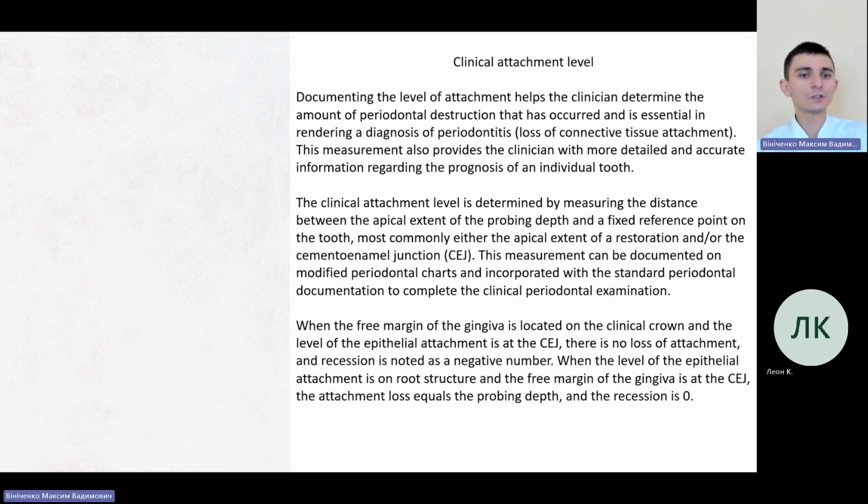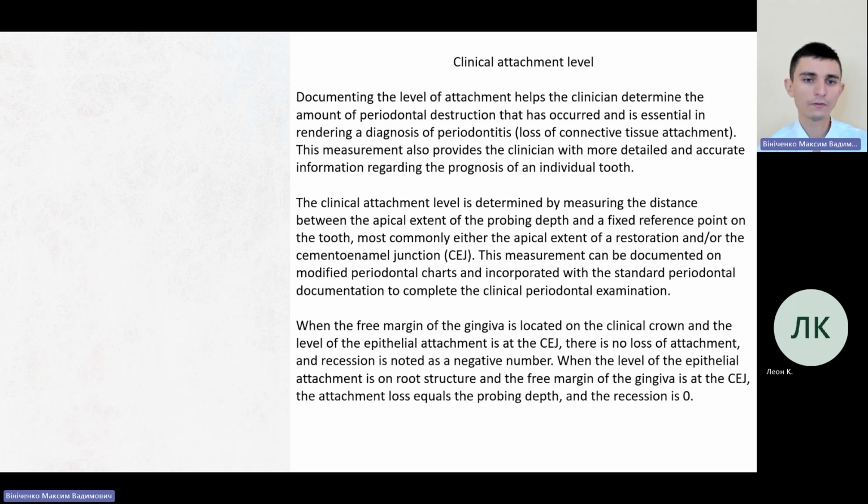Clinical attachment level. Documenting the level of attachment helps the clinician to determine the amount of periodontal destruction that has occurred and is essential in rendering a diagnosis of periodontitis. Example, loss of connective tissue attachment.